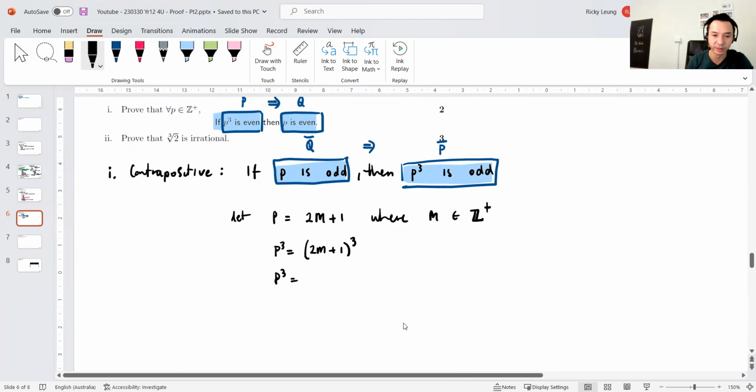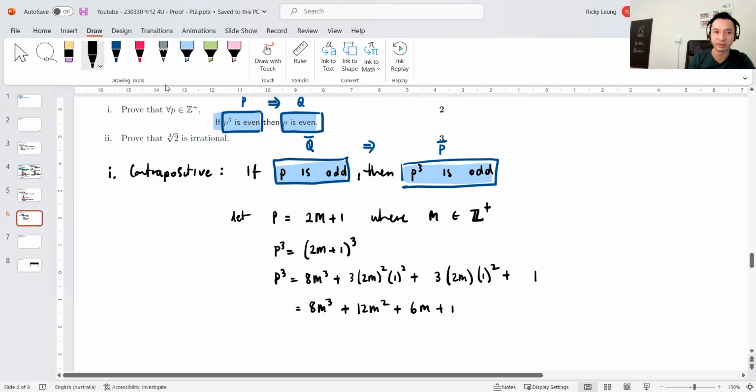So it'll be this guy cubed, so 8m cubed, plus 3 times 2m squared times 1, plus 3 times 2m times 1 squared, plus 1 cubed. So 8m cubed plus 12m squared plus 6m plus 1.